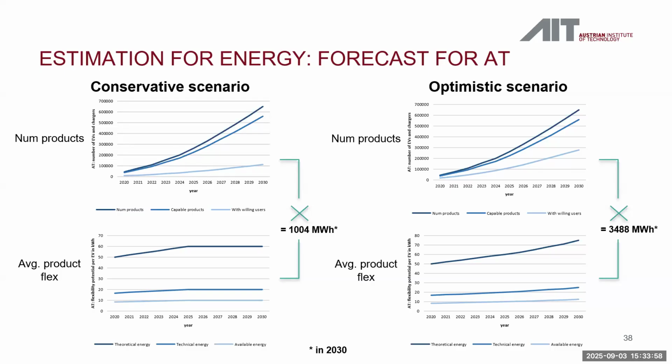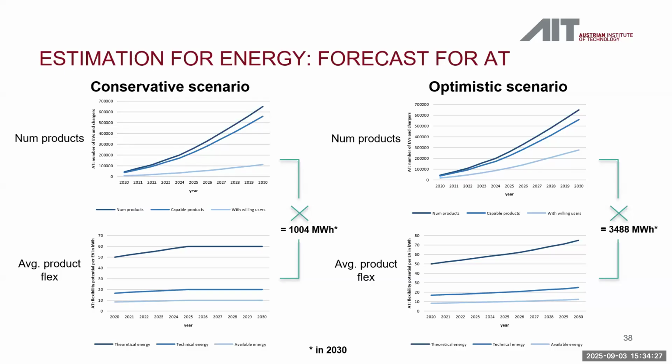On the left side, we have a conservative scenario where we say that it will remain constant because more and more smaller, cheaper EVs are coming to the market. And on the right, we have the optimistic scenario where the battery will grow in the near future. And then we will end up with more energy flexibility in total.